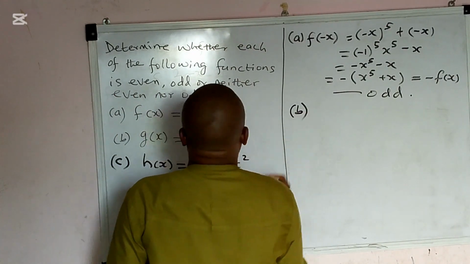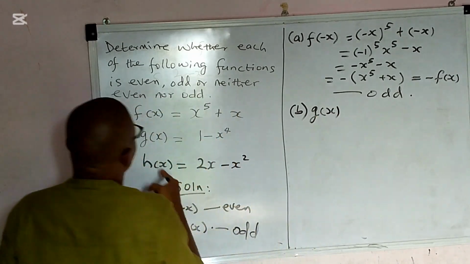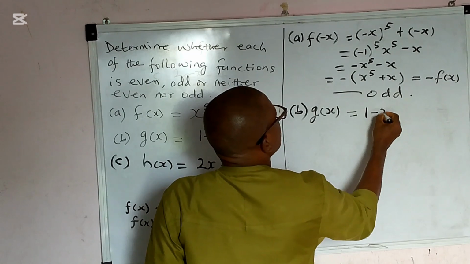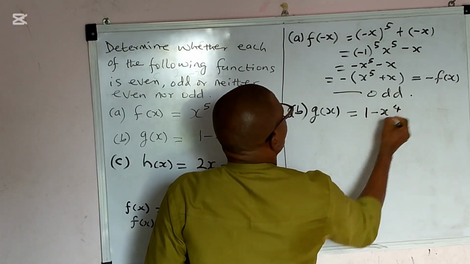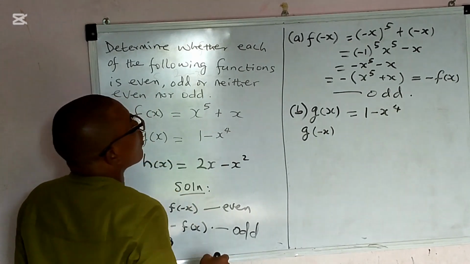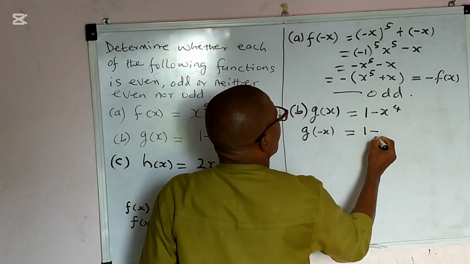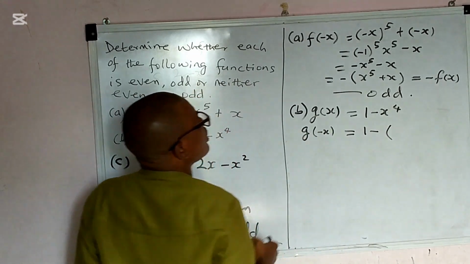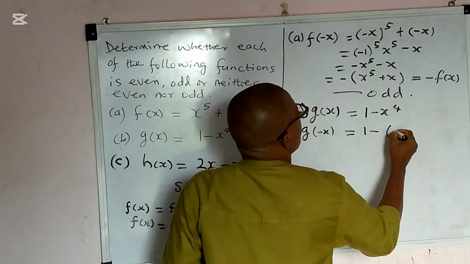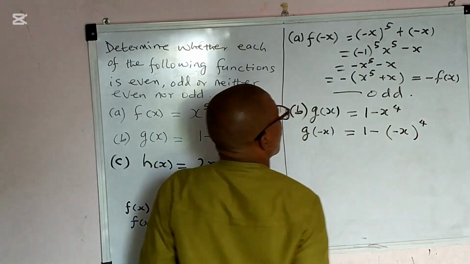Part b, you have function g of x, which is equal to 1 minus x to power 4. So you are looking for g of minus x, which will be equal to 1 minus, of course, instead of x, you have minus x to power 4.